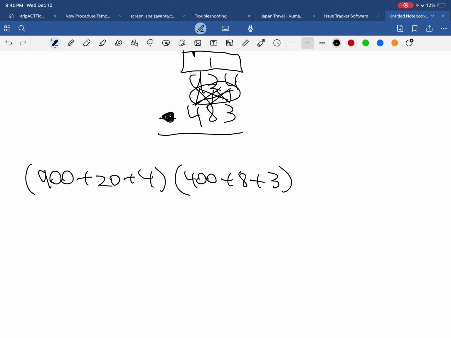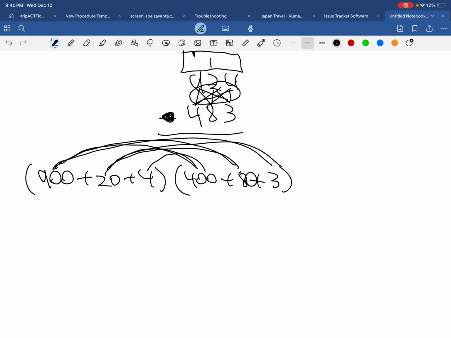This is the same thing, even though it's a different order. Normally, we do first in, last out. 900 times 400, 900 times 80, 900 times 3. We'd move on to 20 times 400, 20 times 80, 20 times 3, and 4 times 400, 4 times 80, 4 times 3.